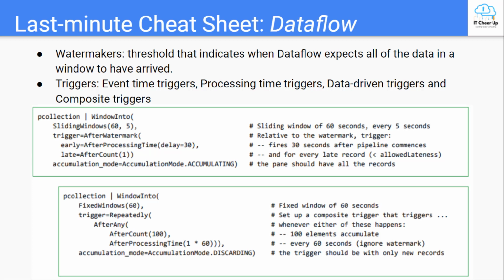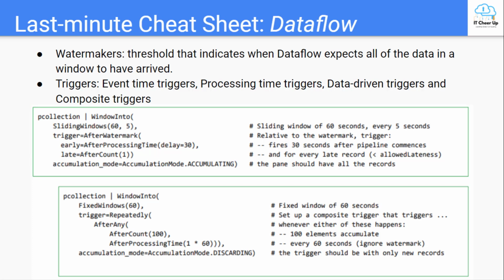Beam's default windowing configuration tries to determine when all the data has arrived based on the type of the data source, and then advances the watermark past the end of the window. However, this default configuration does not allow late data, so use triggers to modify and refine the windowing strategy for this situation.